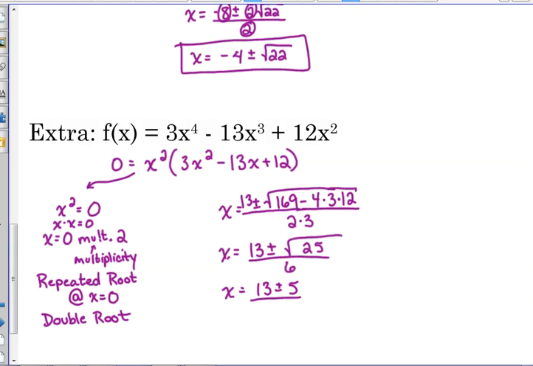Square root of 25 is 5. So what we've got here is we have 13 plus 5 divided by 6, and we've got 13 minus 5 divided by 6. So 13 plus 5 is 18. 18 divided by 6 is 3. 13 minus 5 is 8. 8 divided by 6 reduces to 4 over 3.